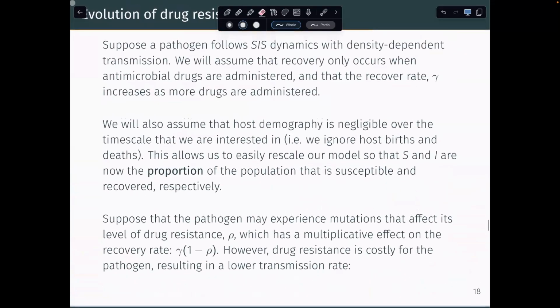So we're going to suppose a pathogen follows SIS dynamics. Before we were doing SI dynamics, but we're going to bring recovery back into this. We're going to have density-dependent transmission like we had before, so a beta SI-like term. And we're going to assume that recovery only occurs when antimicrobial drugs are administered, and that our recovery rate gamma increases as more drugs are administered.